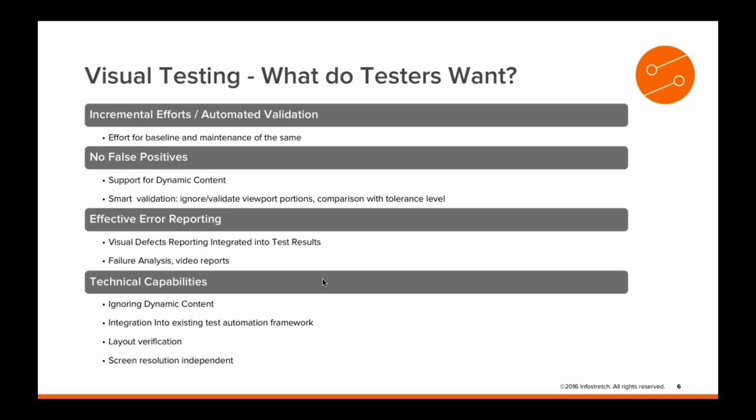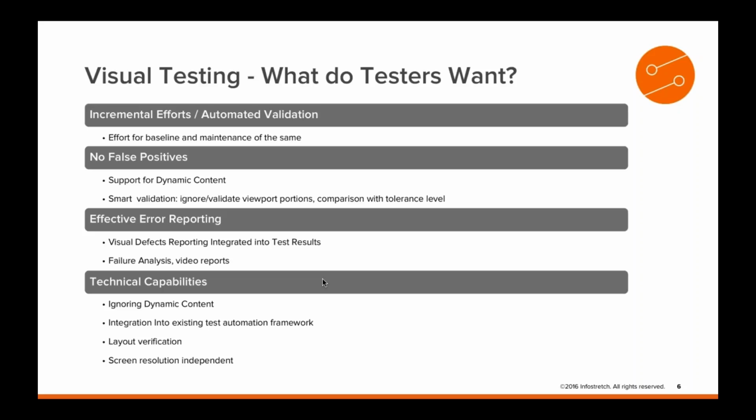When we talk about visual testing, with a lot of open source tools and homegrown approaches, you will find there are a lot of false positives, which means that the test is telling you it failed, but when you visually inspect the test or run it manually, you find that the failure is acceptable, right? You don't want such false positives because they slow down the process of testing.